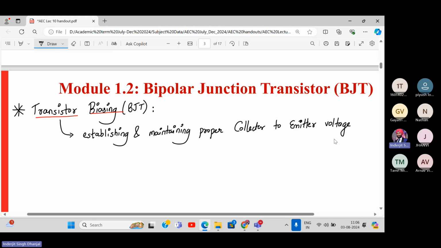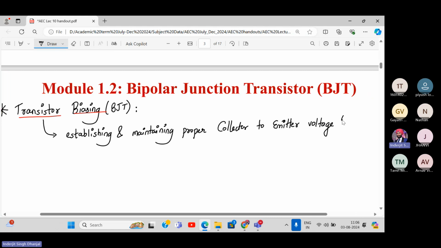What is collector to emitter voltage called as? VCE. Okay, collector to emitter terminal voltage and collector current, which is called as IC. Again, this is a terminal current. So transistor biasing means establishing and maintaining proper collector to emitter voltage and collector current in the circuit.